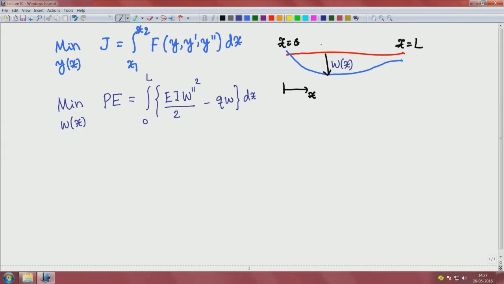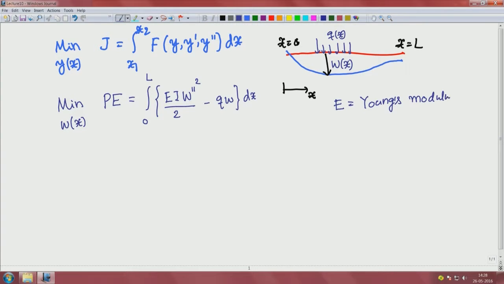Q here is the force that acts on the beam. Some force like this acts on the beam, which is a function of x, q of x, and E is Young's modulus of the material of the beam.